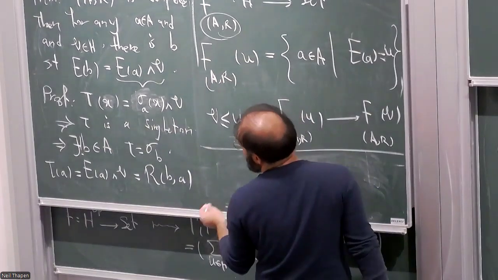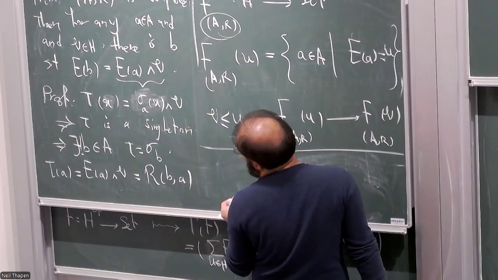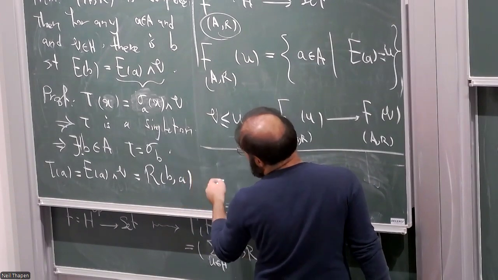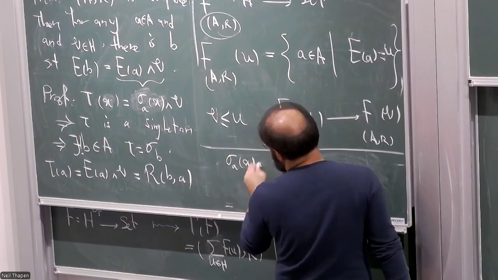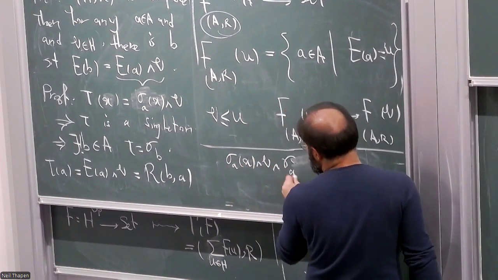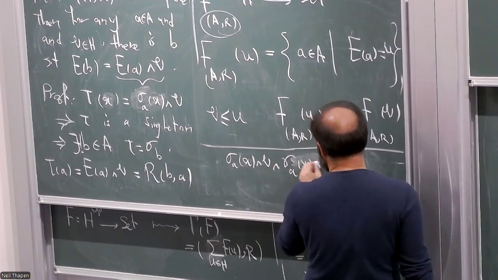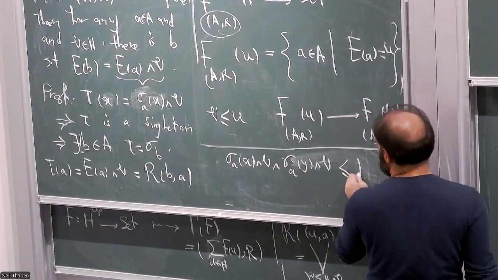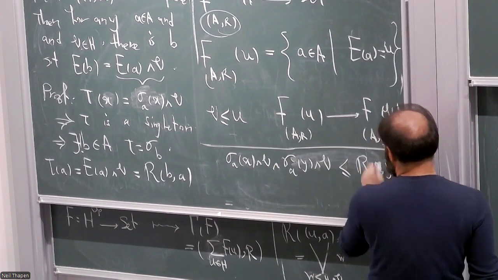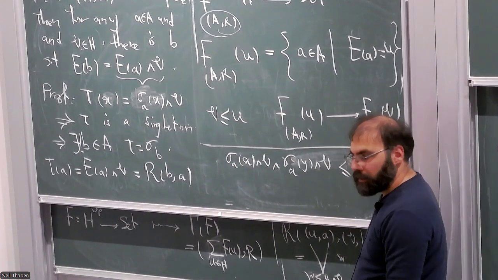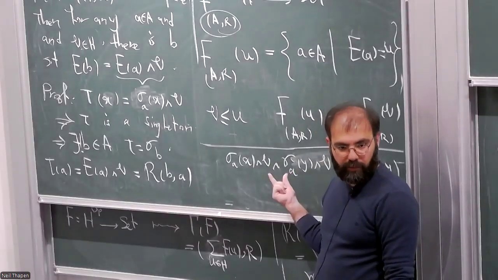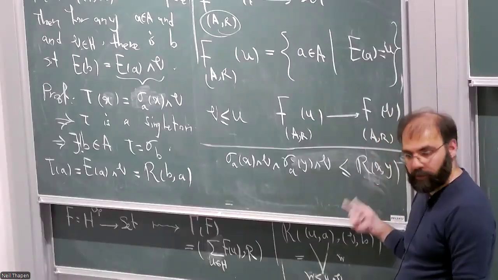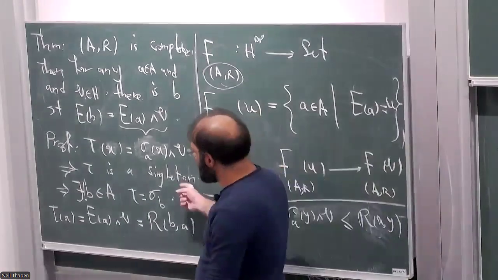To be a singleton means that you have to respect the conditions, and at the end you have to have that sigma A x and v, and sigma A y and v, must imply R x y, and that is the case. Simply because this is equality between a x, this is equality between a y, therefore x and y are equal. So yes, now tau is a singleton.